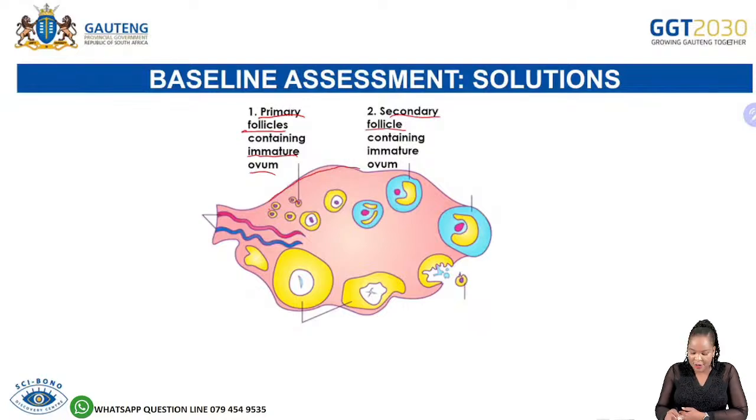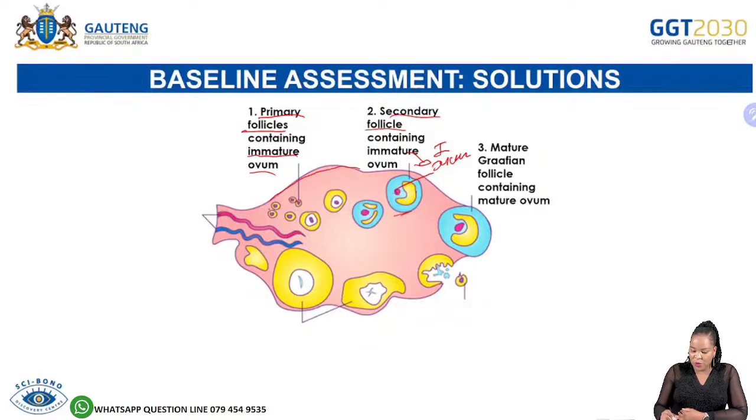Now these secondary follicles, you see them, they are now much bigger than the primary follicles, and they still have what? There in the middle, you still have your immature ovum. So this ovum is still immature. You see this one there in the middle, but when you look at the follicle, it is much bigger. Then you move to the next one.